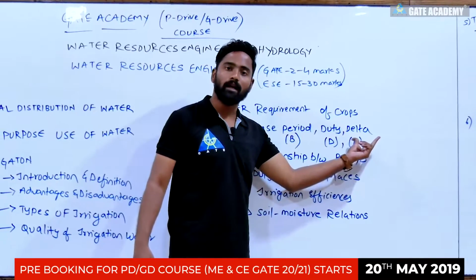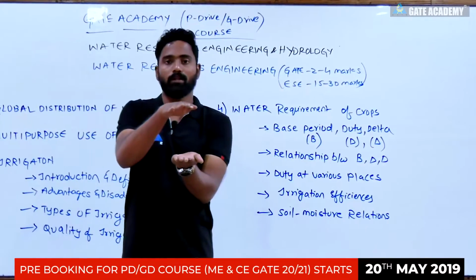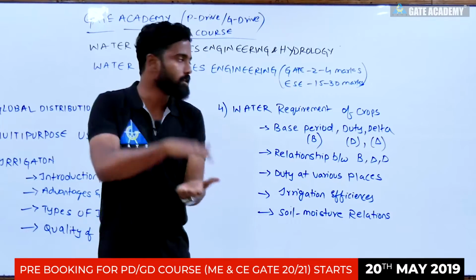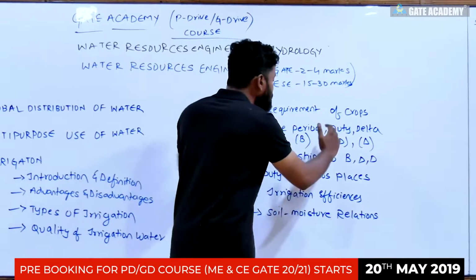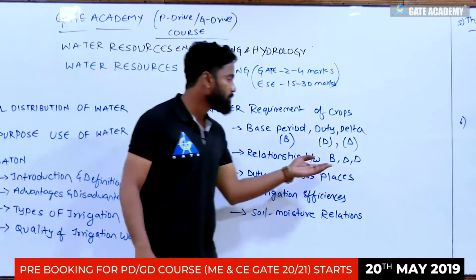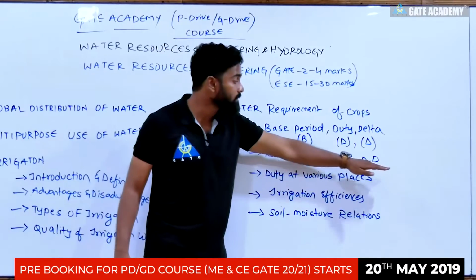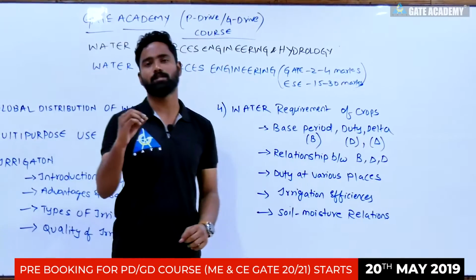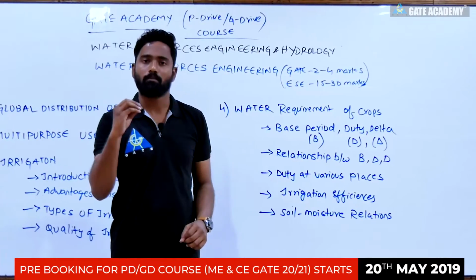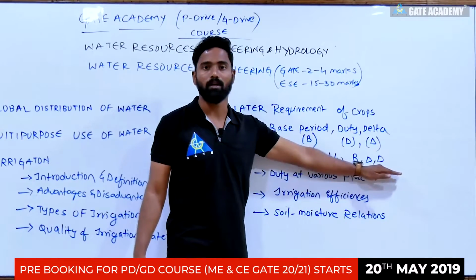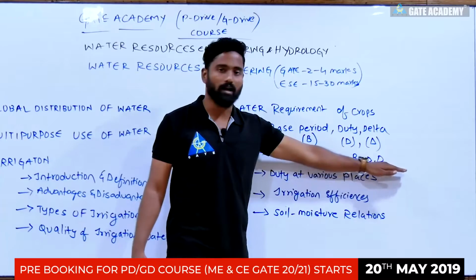And delta is the depth of the water that is present in the field. Delta is the depth of the water present in the field, and then the relationship between base period, duty and delta. Maximum number of years, the questions are asked based on this relationship only: base period, duty and delta.